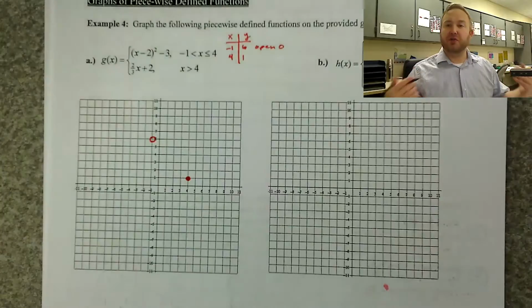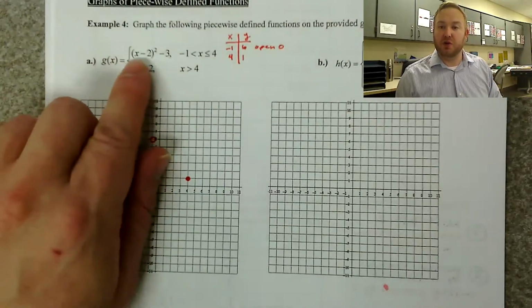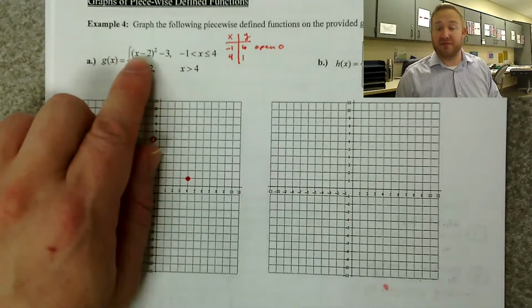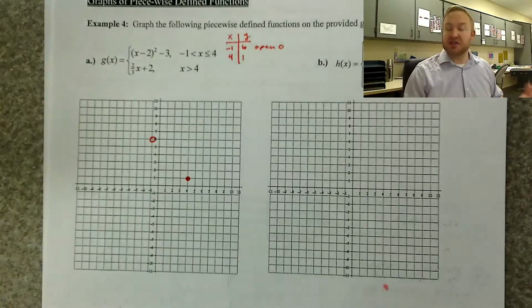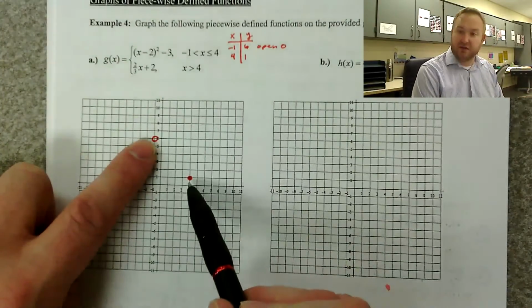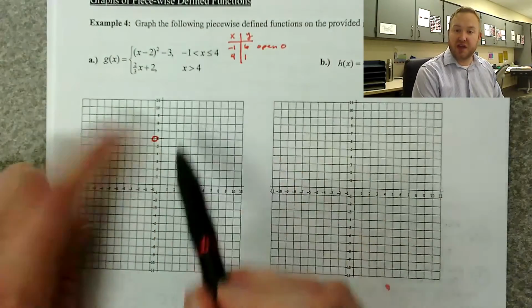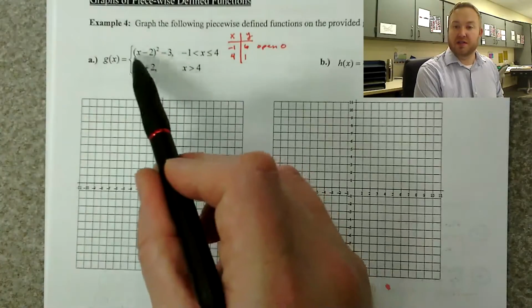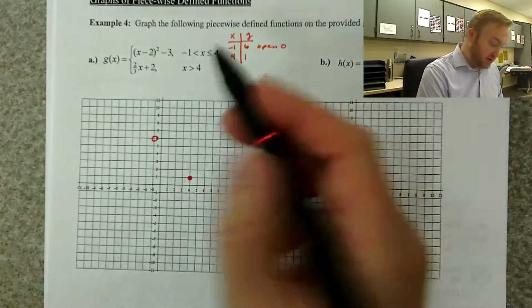Now guys, the further along we go this year, the easier it's going to become for you to graph the rest of this thing, because we're going to have a whole chapter on graphing quadratic equations. For now, you can just keep plugging in numbers, and you know that you need to plug in numbers between -1 and 4, right? That's where this function exists. So you could start with 0. 0 minus 2 is -2. Square that, you get 4. 4 minus 3 is 1.